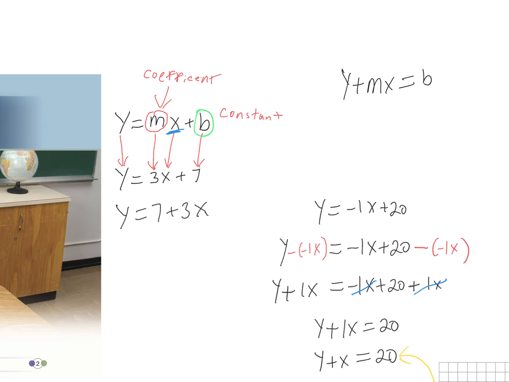Same values. The m here is still the same as the m right here, and the b right here is still the same as the b right here. We'd still find these values the same way. It's just that we rearrange the equation in a different format.